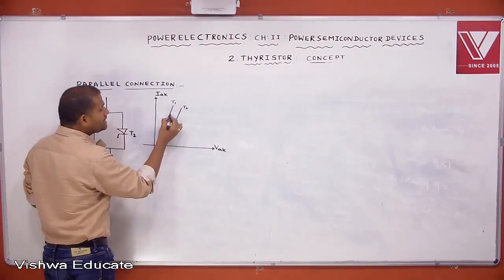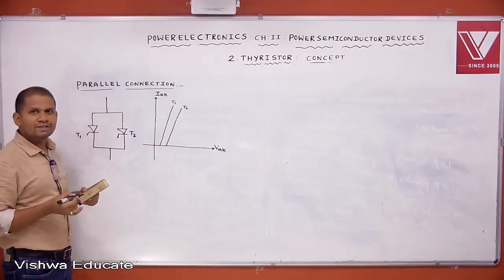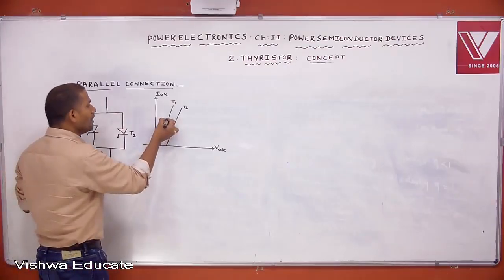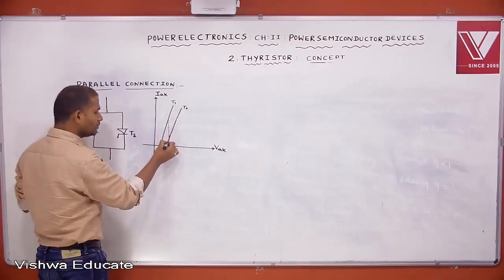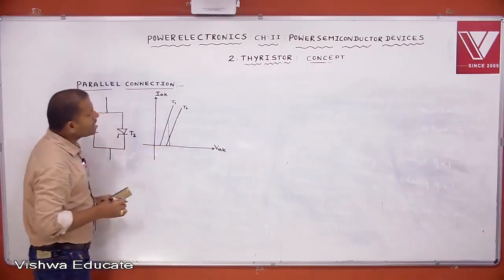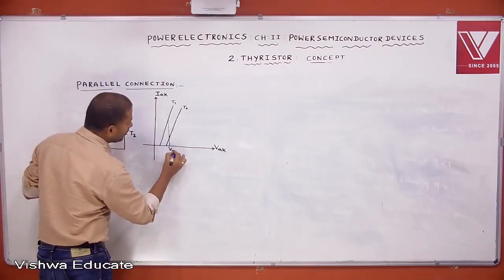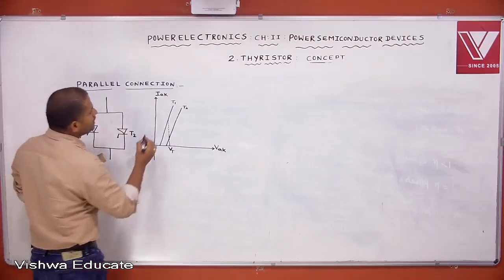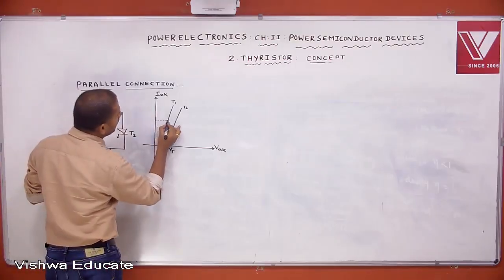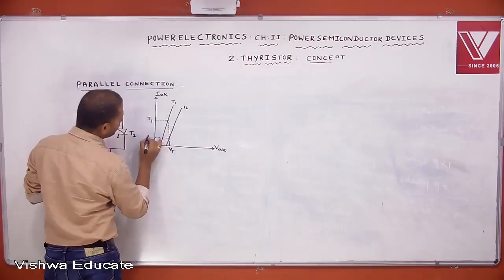If the SCRs are conducting, there exists some voltage drop. Let the voltage drop be Vt. For the same voltage drop, T1 shares the current I1 and T2 shares the current I2.